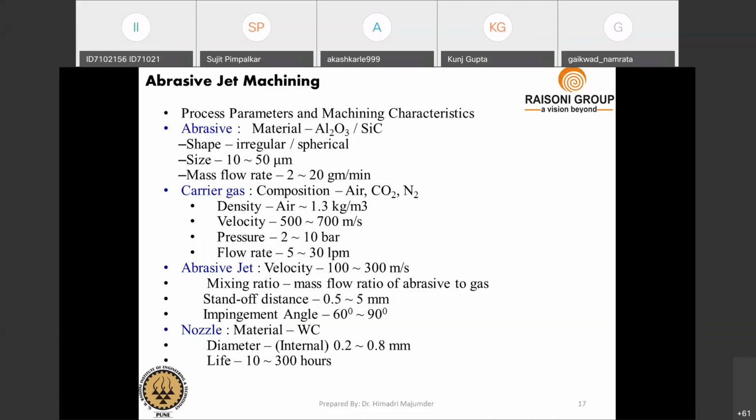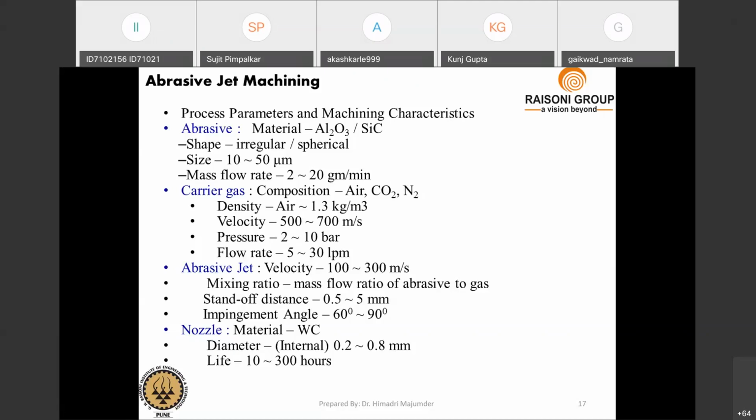Air density should be 1.3 kg per meter cube, air velocity 500 to 700 meter per second, air pressure 2 to 10 bar, and air flow rate 5 to 30 lpm. These are the parameters you need to follow for whatever carrier gas you use.